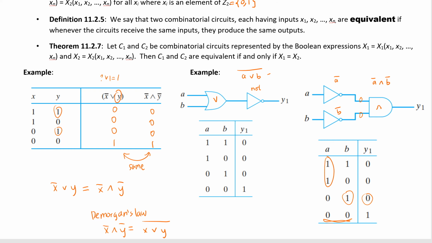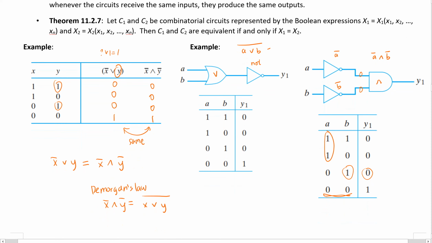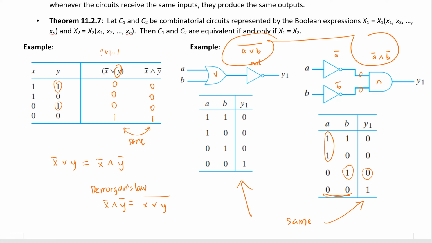So far, so good, everybody. And you can see the values are the same. So we say those two circuits are equivalent. And for the Boolean expressions, this one equals this one. This is actually De Morgan's law, right? Okay, let's continue.